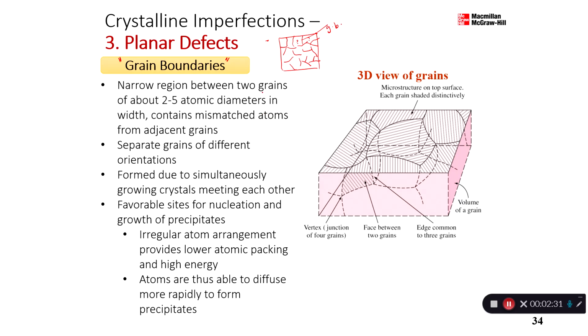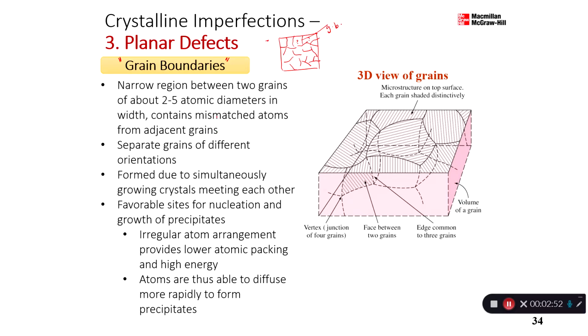Now, grain boundaries can be considered a type of defect. What it says here is a narrow region between two grains of about 2 to 5 atomic diameters in width contains mismatched atoms from the adjacent grains.